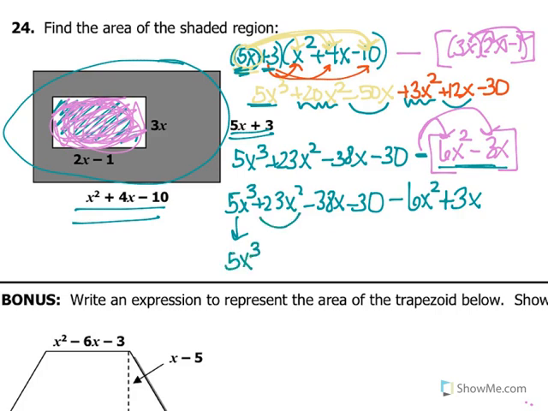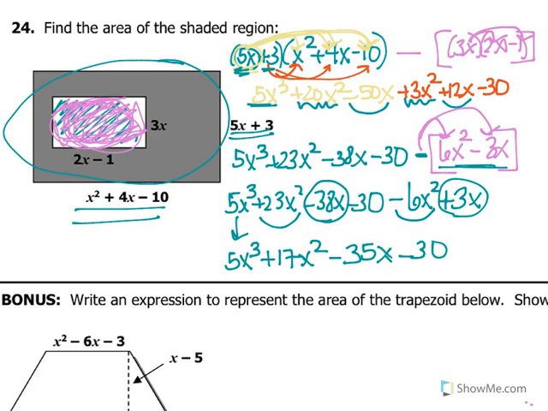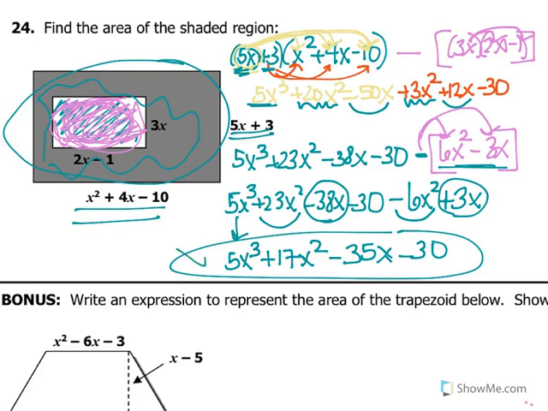Then you have 23x squared minus 6x squared, which gives positive 17x squared. Then you have negative 38x plus 3x gives negative 35x, and then minus 30. And that is going to be the area of the shaded region. So I took the area of the whole thing, the binomial times the trinomial, and subtracted the area of the smaller portion. This gives me the area of what is left over.